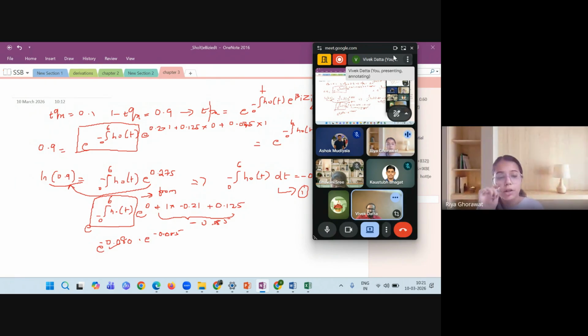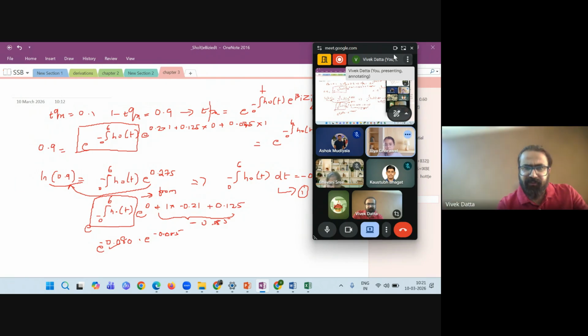Sir, it will not be e raised to minus 0.08. It will be directly minus 0.08 into e raised to minus 0.085. Then the answer is correct. In this term, we have taken the exponential of minus 0.08, but that is not the case. We have to take only minus 0.08.